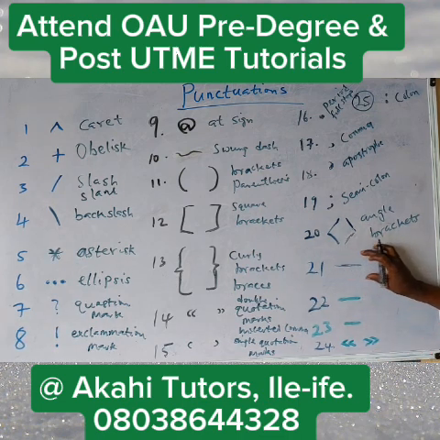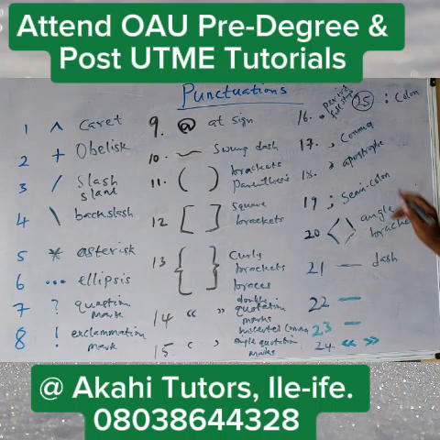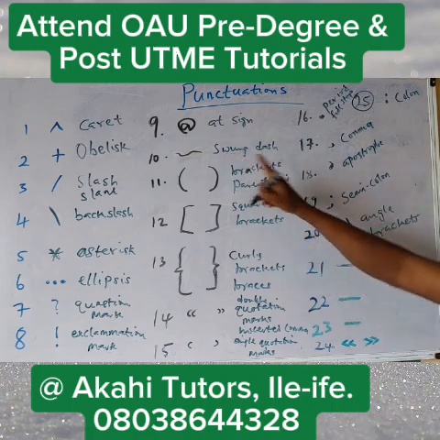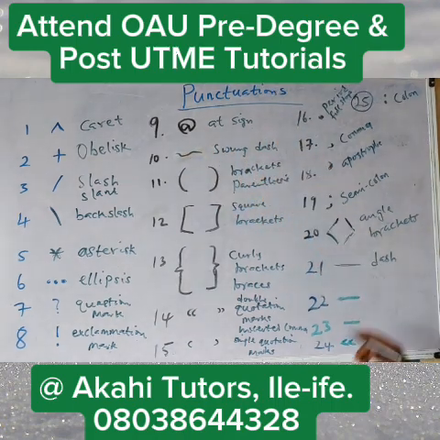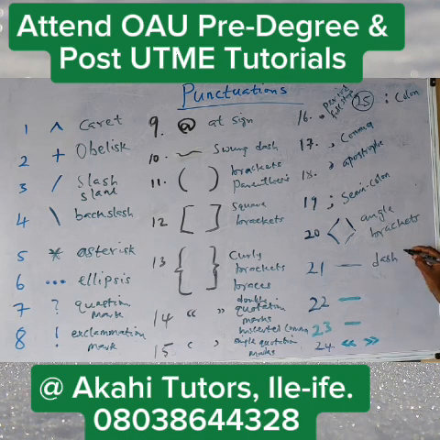So this longer one is called dash. Don't forget, we have swung dash. It went zigzag; it didn't go as straight as this. So this one is swung dash. This one is dash, and this longer dash is called M dash.